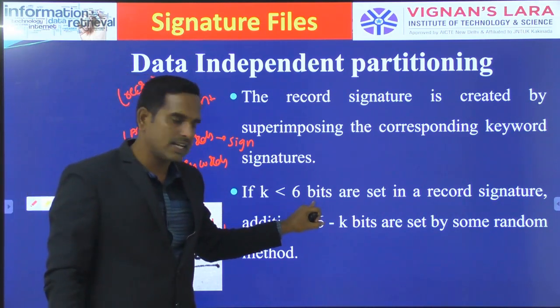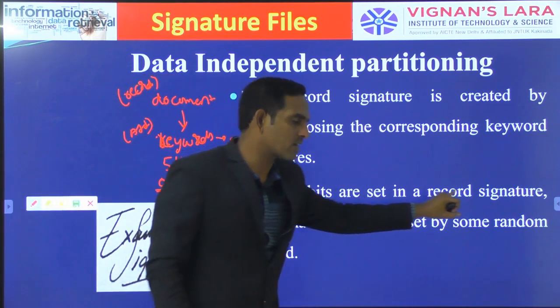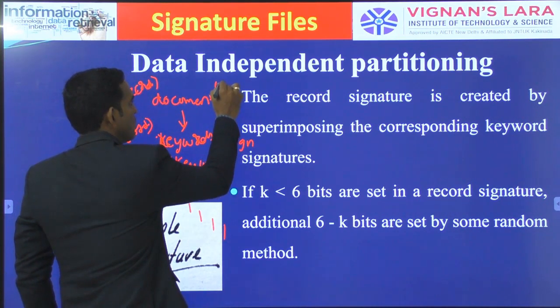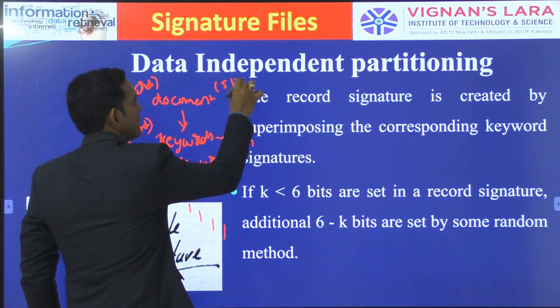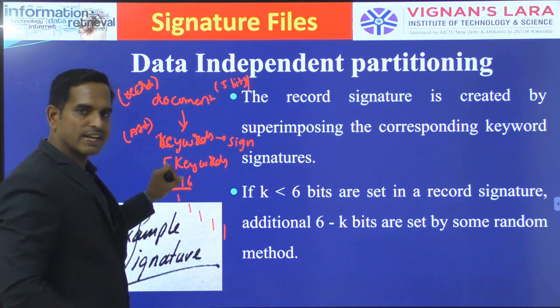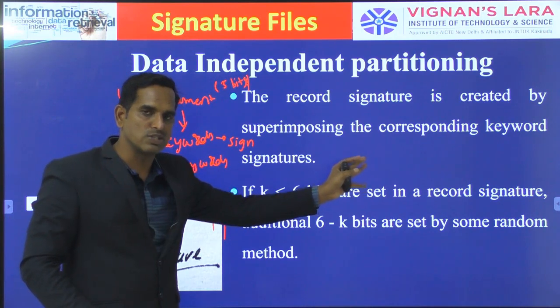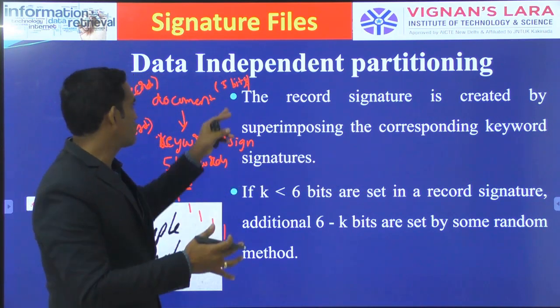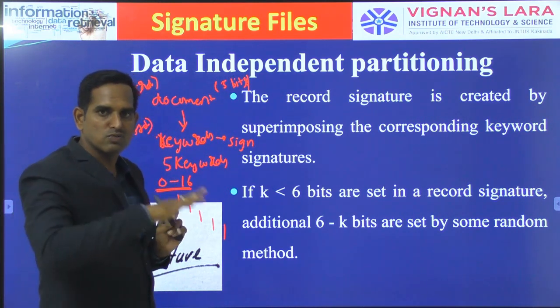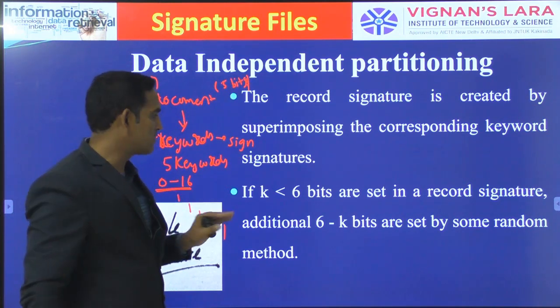If k is less than 6, k bits are set in a record signature. For example, with 5 keywords you will have 5 bits set in your document signature, or record signature. If you superimpose them, we get a record signature where 5 bits are set, because 5 positions are set.